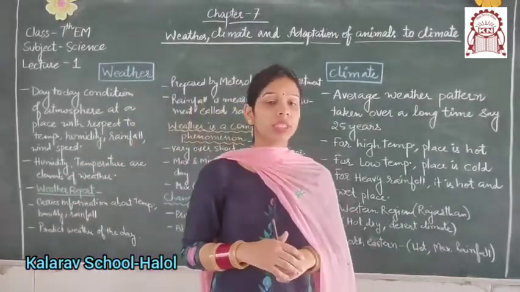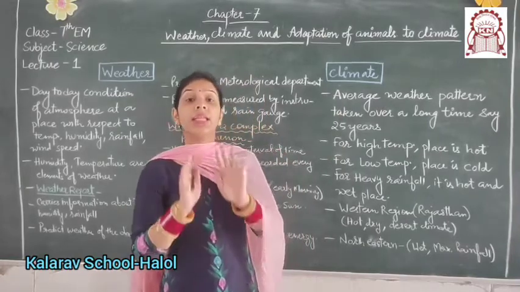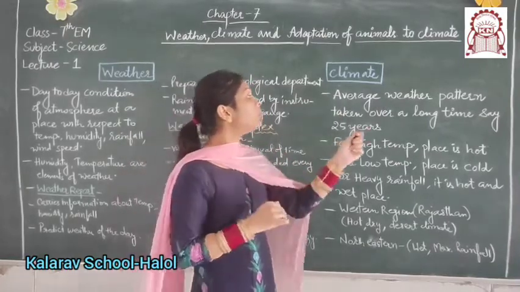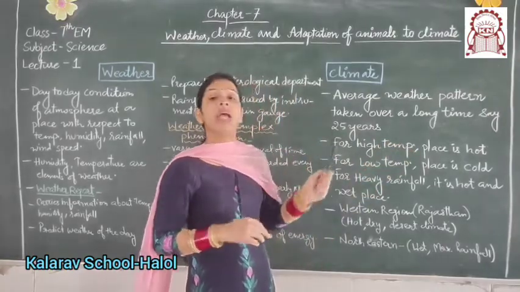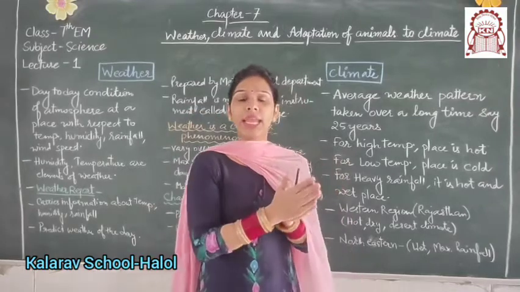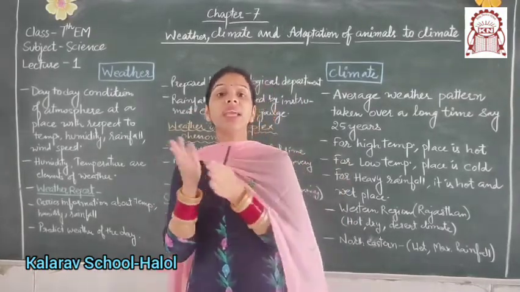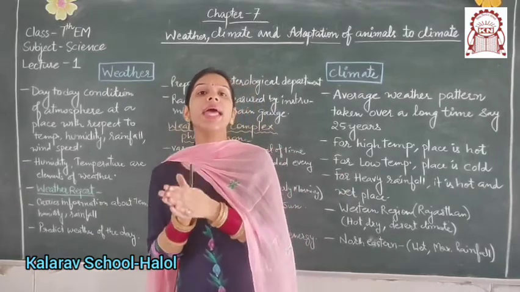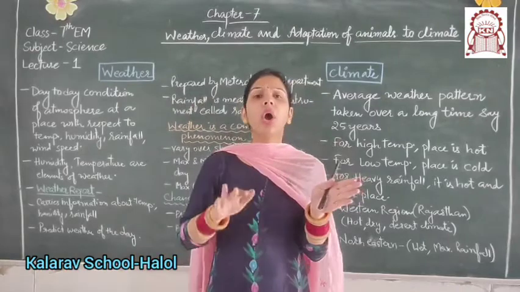The next topic is climate. Climate is the average weather pattern taken over a long time, say 25 years. What does it mean? If we take a weather report of a particular place for 25 years, we can say that that place is hot or cold.